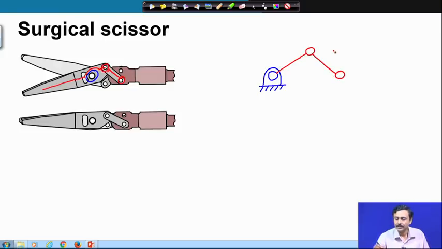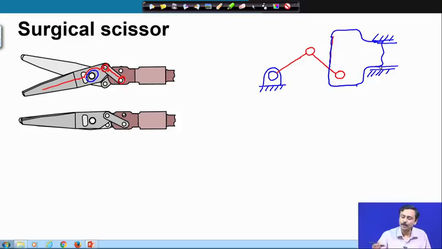Now, this kinematic pair connects to a slider, which is connected to that rod that comes from the other side of the surgical instrument, which is operated by the surgeon.